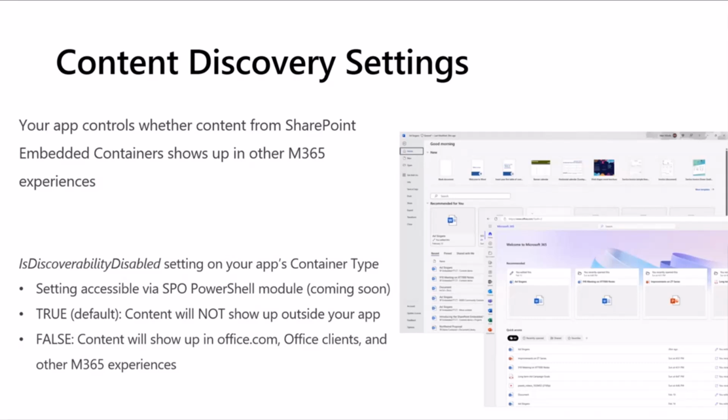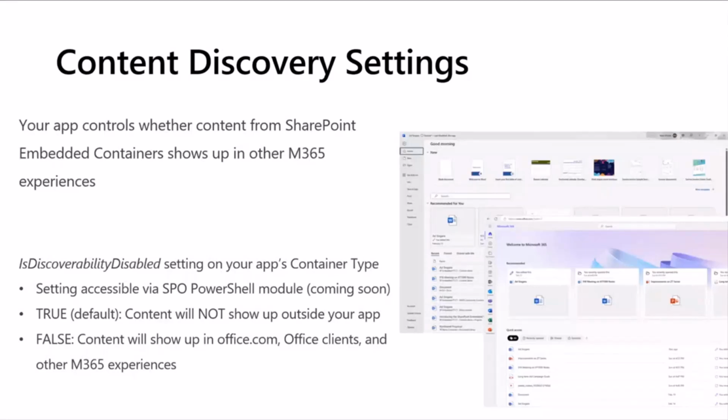You're probably all familiar with that stuff, but content within OneDrive and SharePoint is going to show up in there by default. And you can also elect to have your app's content show up in those experiences, or you can opt out of it.